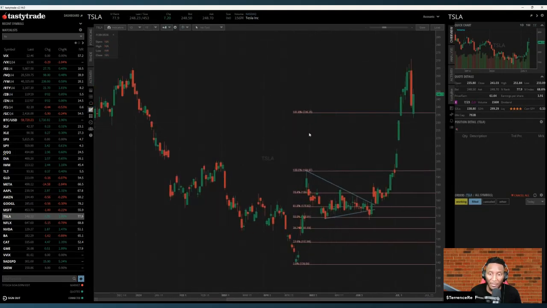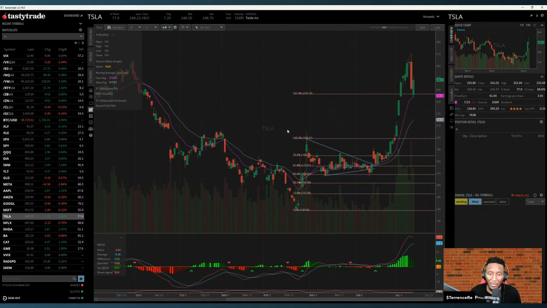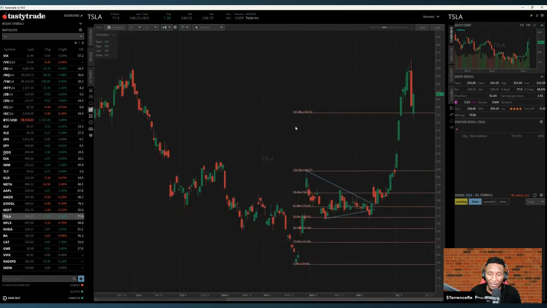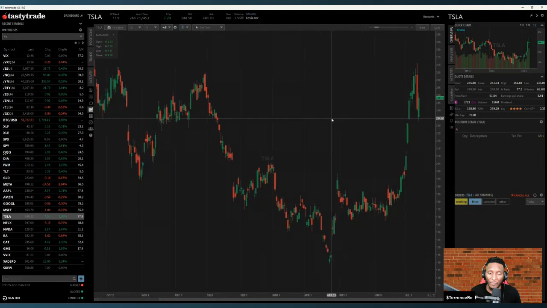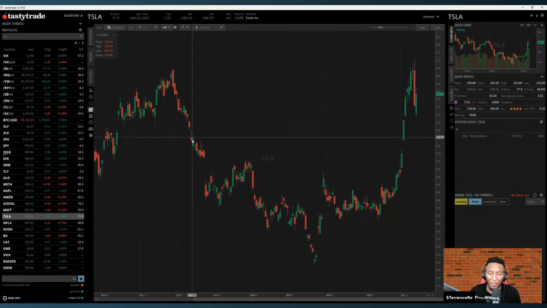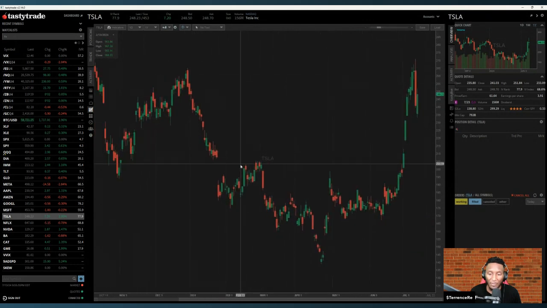I may do something like that for Tesla just to make it fun. But something that I noticed, I can't remember if I talked about this last week or not, but let's hide the drawings. You can see how it's just a beautiful chart if you know what you're looking at. When you see it come down here, you see almost like a shoulder.